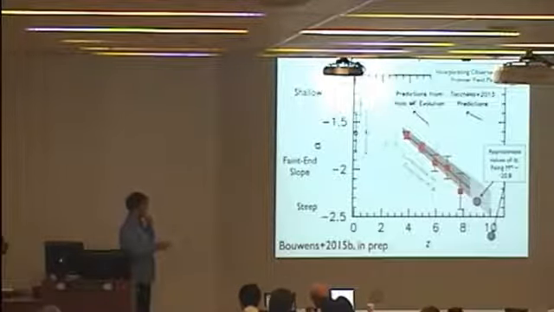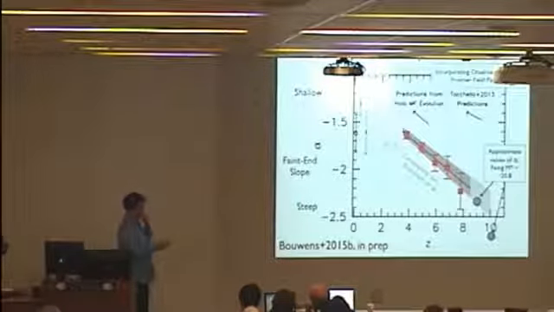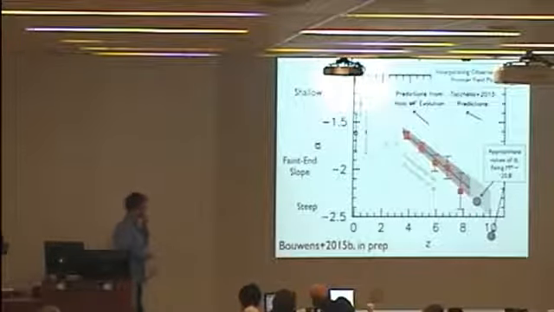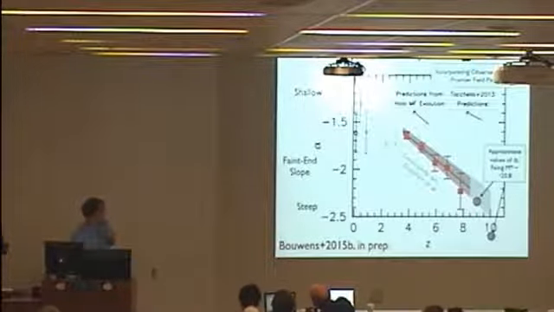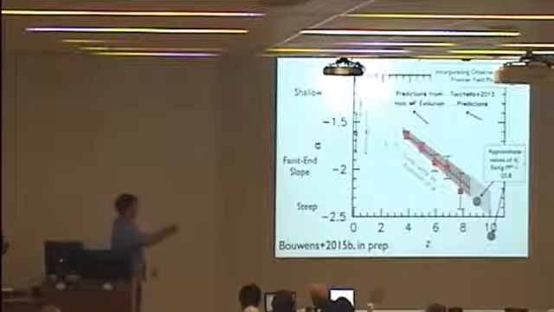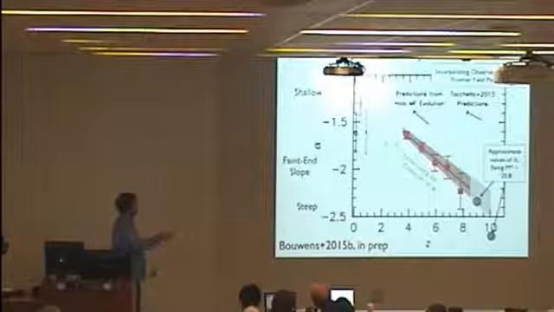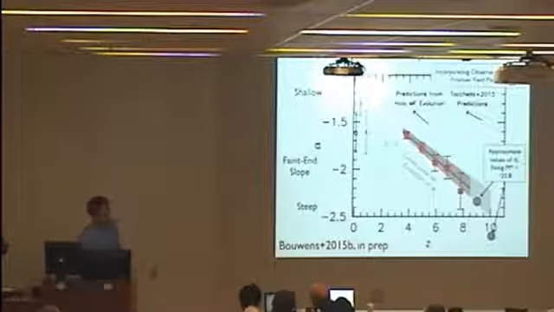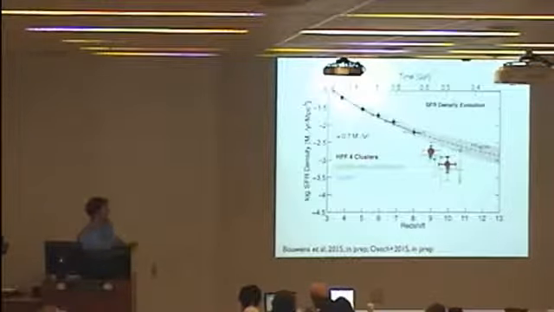So at redshift 9 and 10, it's difficult to completely get down the M star value, but that's basically assuming that. And so it shows a steepening of the luminosity function. It's completely consistent with the evolution of the halo mass function. The halo mass function also steepens at this effective luminosity range, and so it basically predicts this evolution.